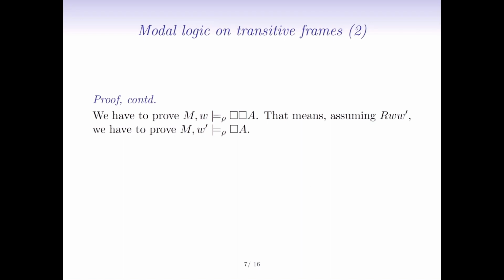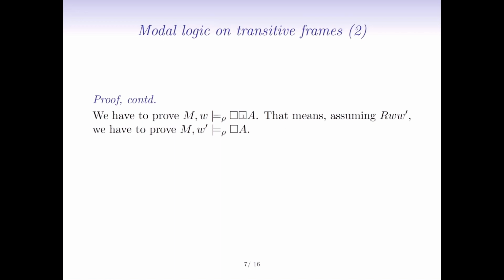We've got that W satisfies box A. We have to show that it satisfies box box A. And that means, roughly speaking, that we'll assume that something is accessible in 2 steps from W, and we're going to have to show that A holds there. But let's do this by the book and using the satisfaction relation.